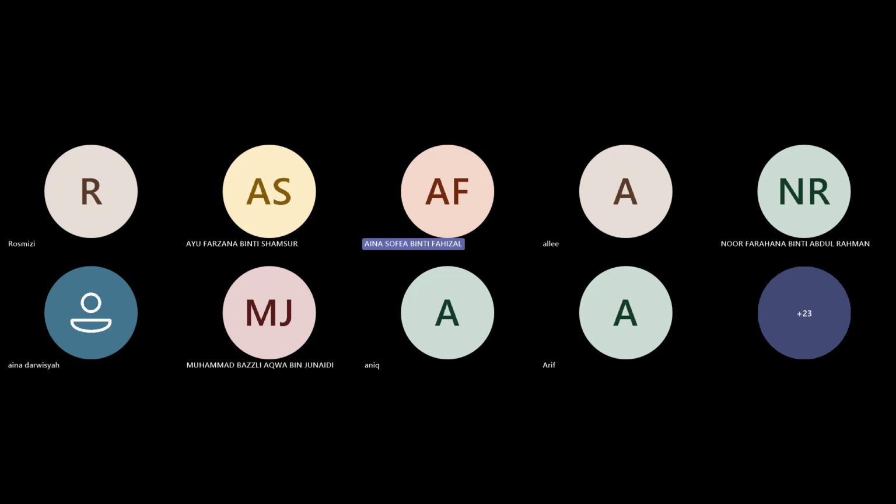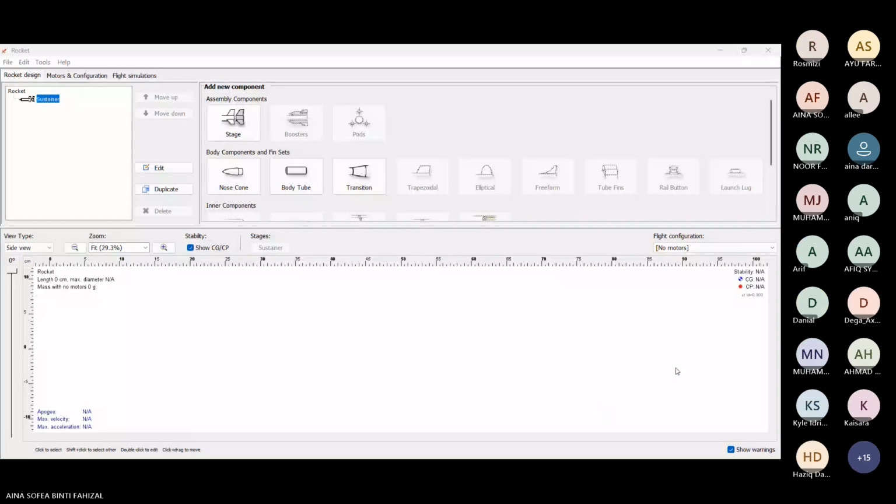So next, I guess I'll show you how to basically design on your OpenRocket. So I'll share my screen. So I hope you can all see my screen right now. So basically, it's like what I've shown you guys on the slide before.